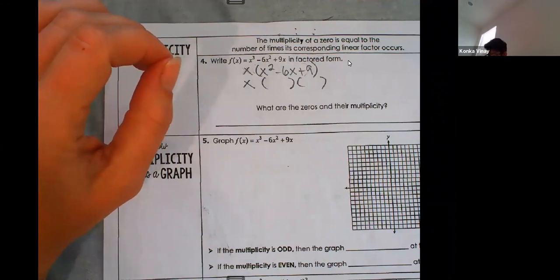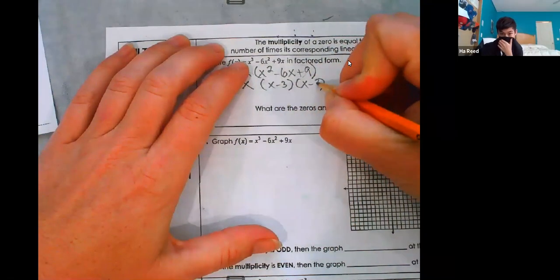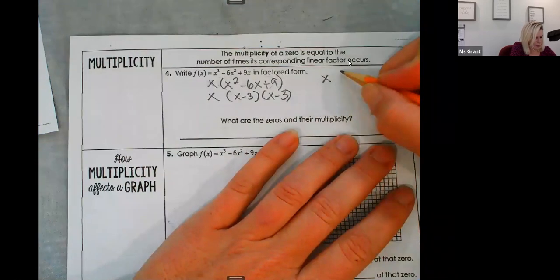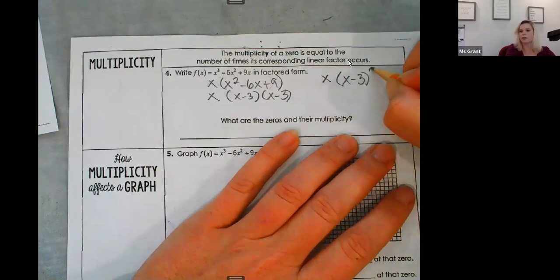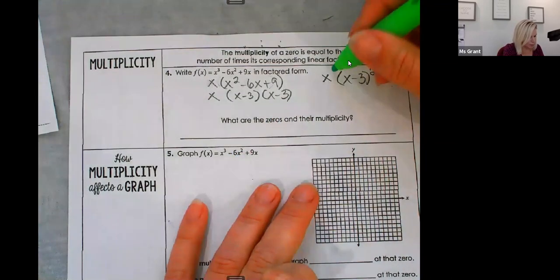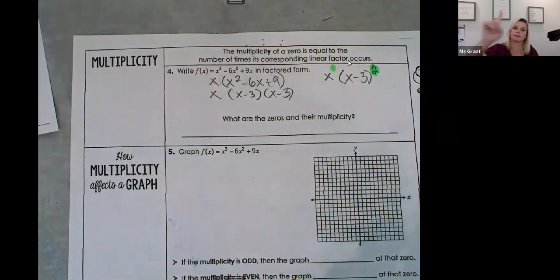X minus 3 and X minus 3. Great. I think I should make my life easier and go X and then X minus 3 squared, because I really care about what's this exponent and what's this exponent for multiplicity purposes.